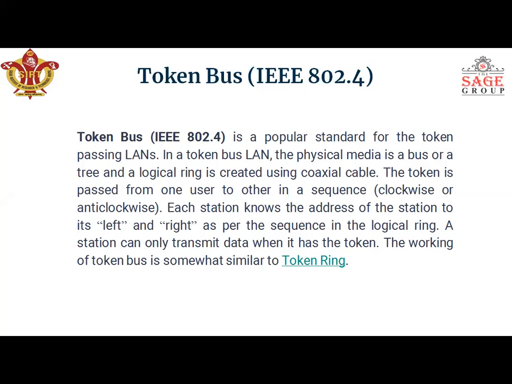Whenever multiple hosts or multiple users try to send data at the same time, the problem is that there may be a chance of collision, because whenever two or more stations try to send data at the same time, collision may happen.